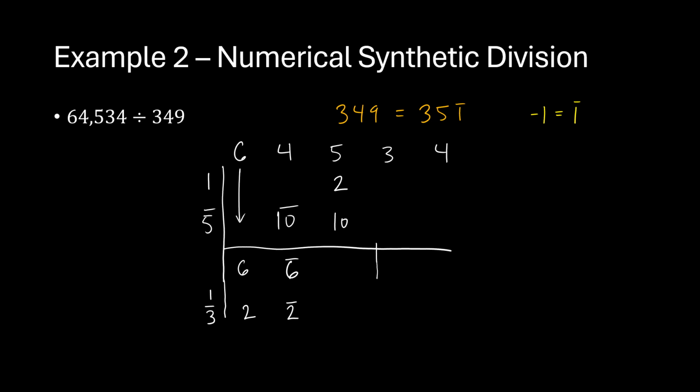And then 1 times -2 is -2. So you can kind of see that the pattern is, okay, bring it down, divide, then multiply at the diagonal, add the column. Once you add the column, you divide, then the diagonal. So the pattern just repeats.